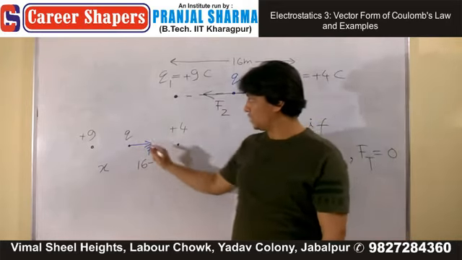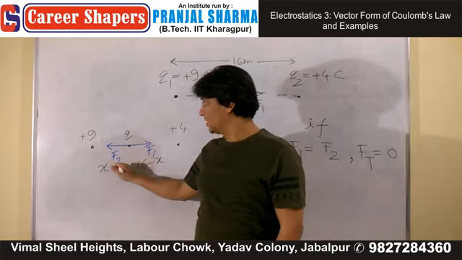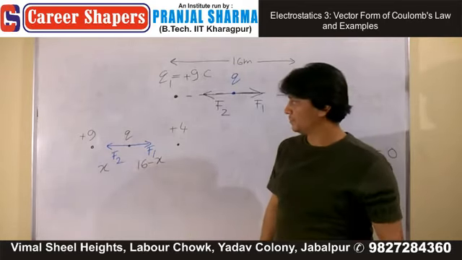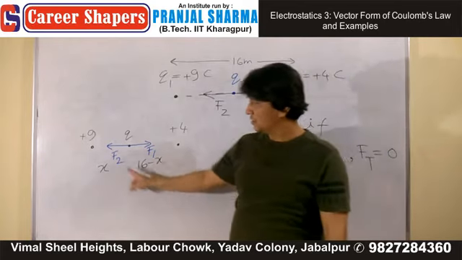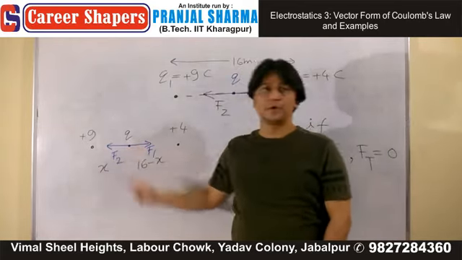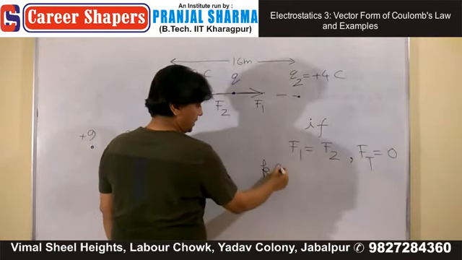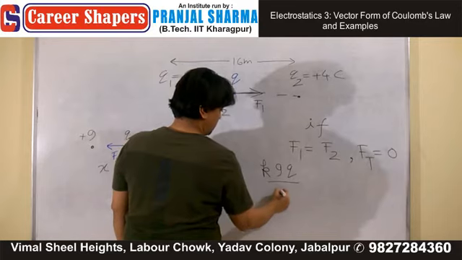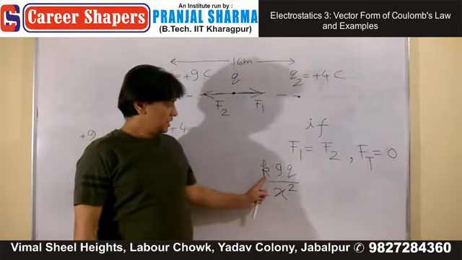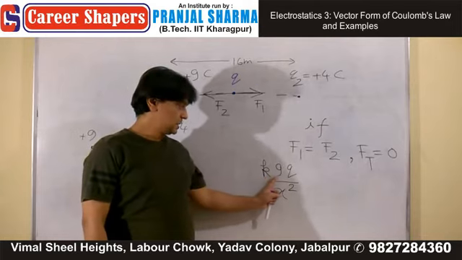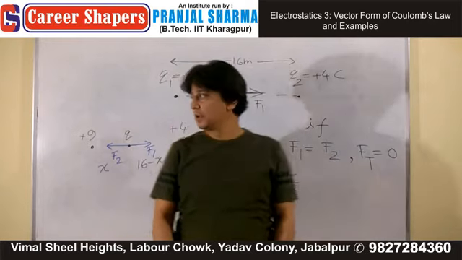This 4 is going to repel Q in this direction with magnitude F2. What is this F1? Between 9 and Q, what is the force? K times 9 into Q upon X square. K times Q1 into Q2 upon X square.